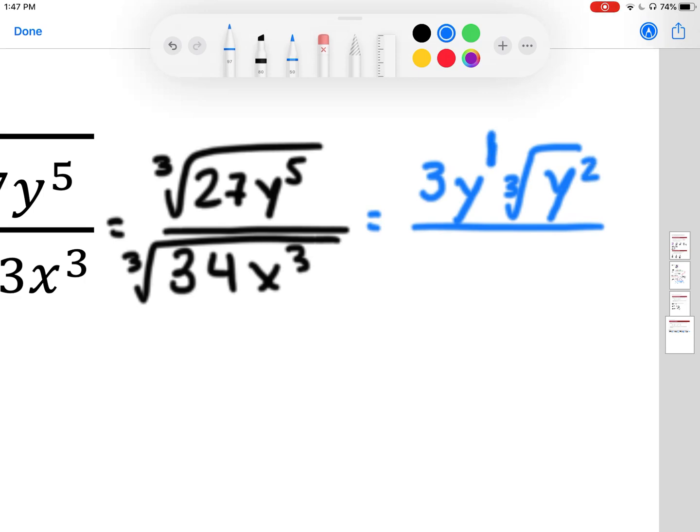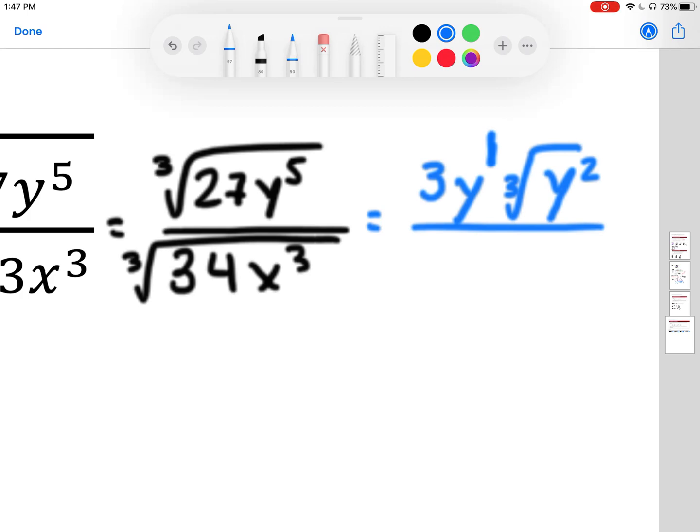There we go. Now for 34, I can't think of a number that's a cube root. So I can get a cube root from 8. Let's see, 34 divided by 8. No, 32 works, but not 34. And 27 wouldn't work.